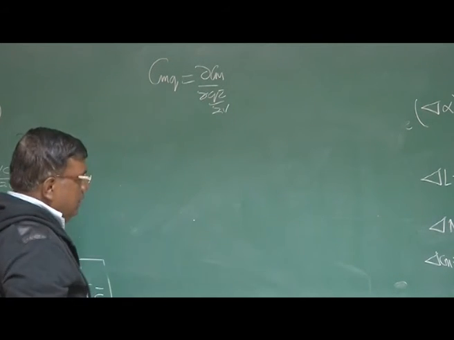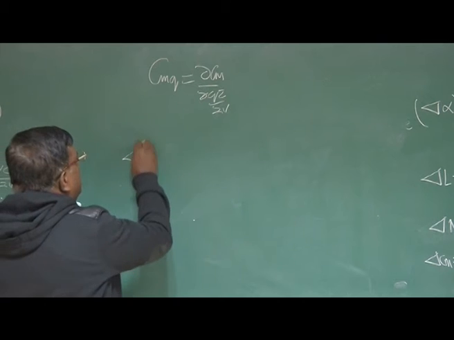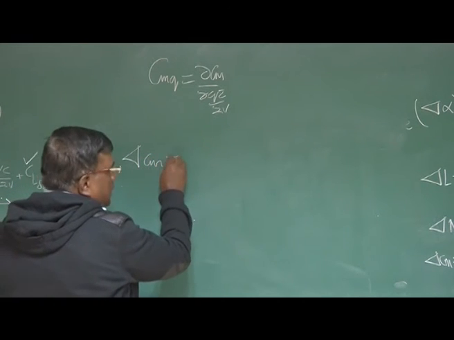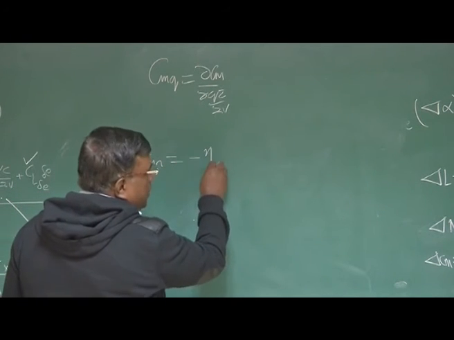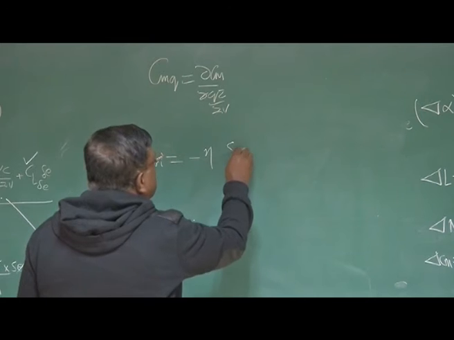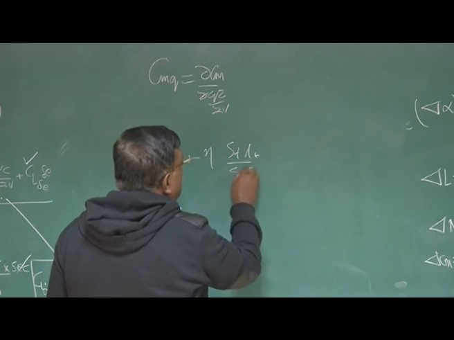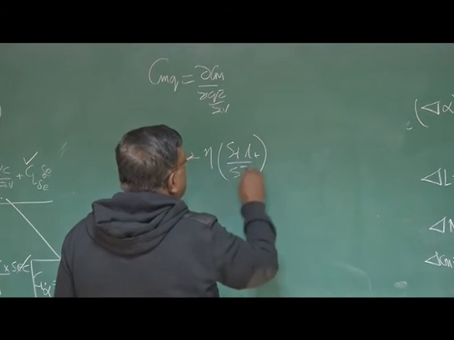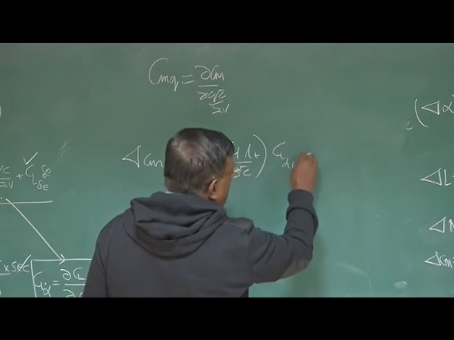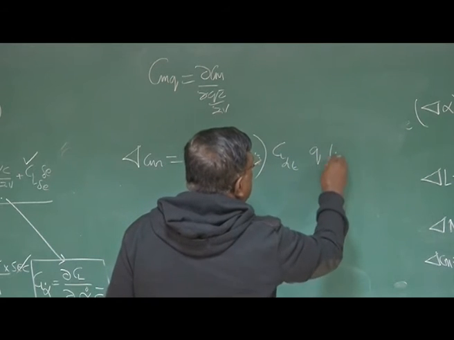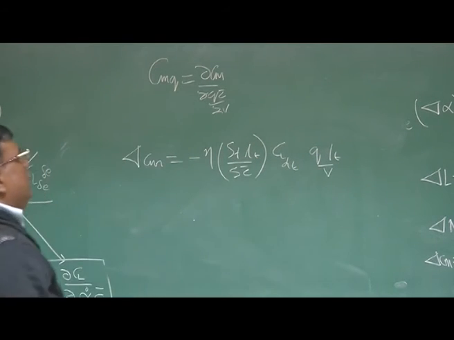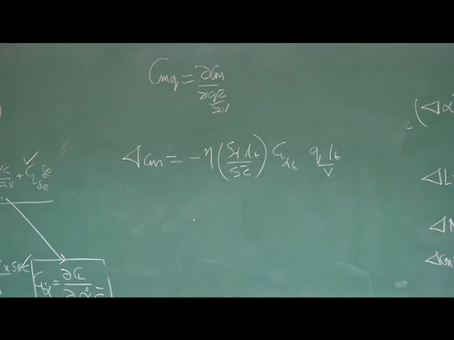So we have got the expression of delta Cm is equal to minus eta S_T L_T by S C bar into C_L alpha tail into Q L_T by V. Please remember, whatever C_Lq expression you have derived, and now C_mq we are deriving, these are primarily only for the horizontal tail contribution.